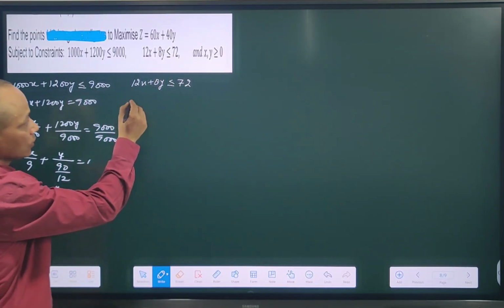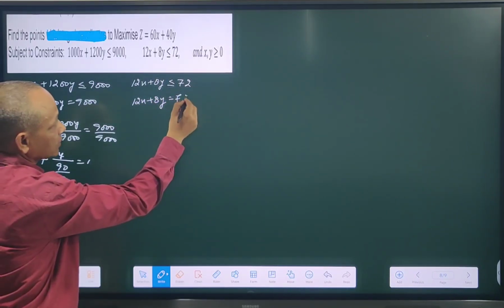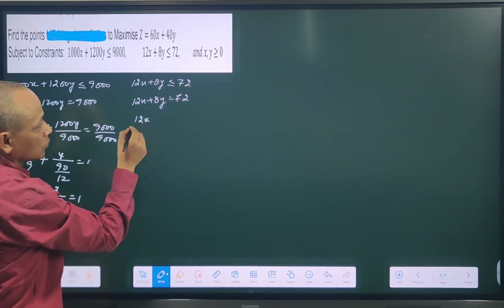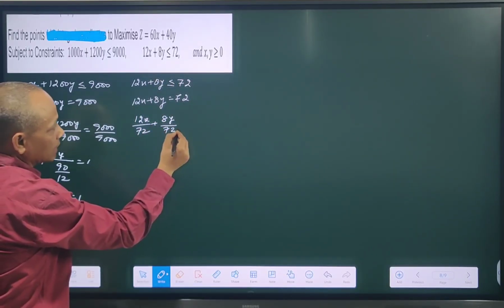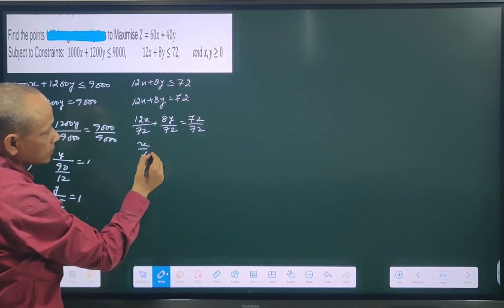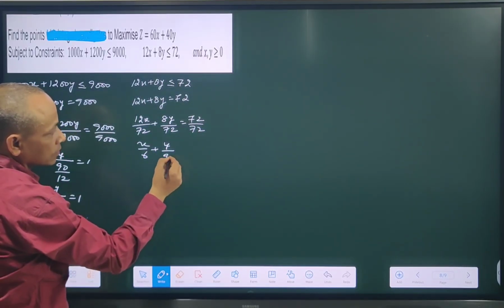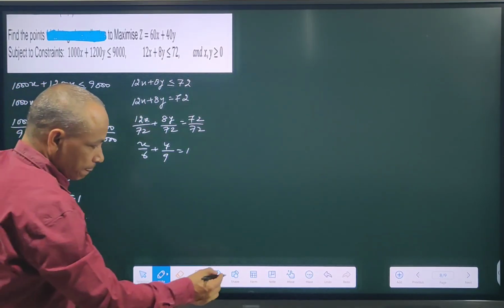Next one, 12x plus 8y is equal to 72. 12x by 72, 8y by 72, 72 divided by 72. We got the two linear equations in intercept form. Draw the graphs.